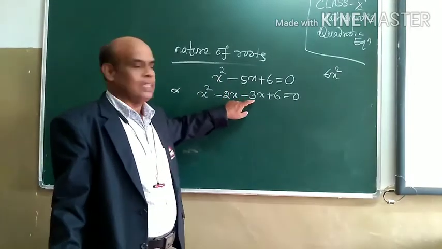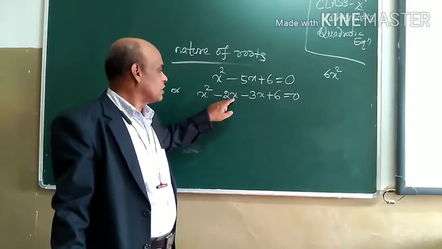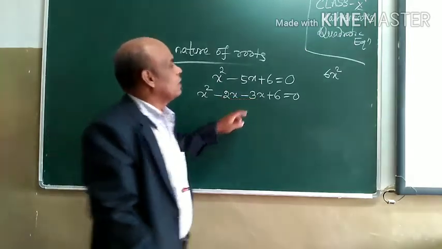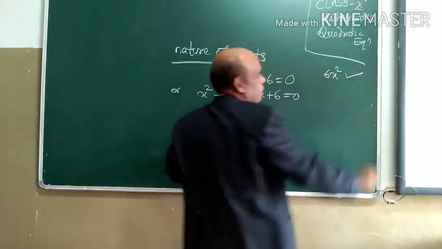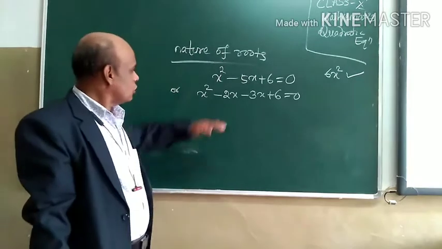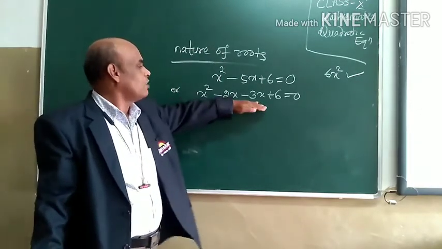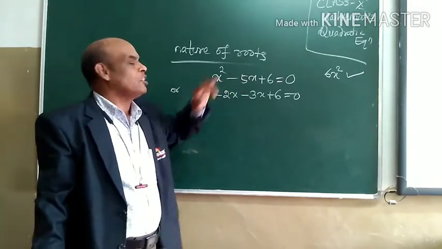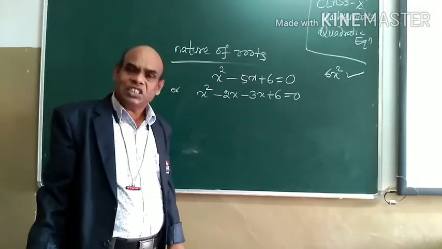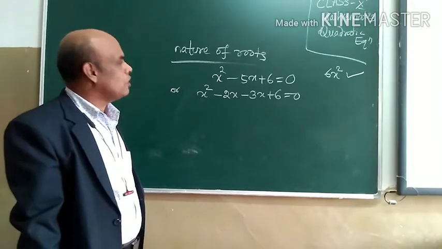Minus 2x into minus 3x, that is coming 6x square. Just you add minus 2x plus minus 3x, that is coming minus 5x. So this is called factorization method.